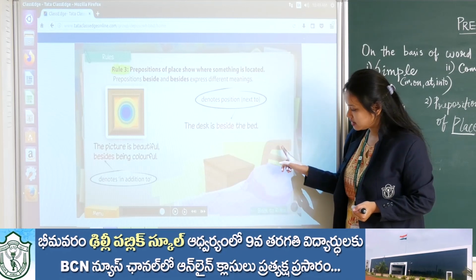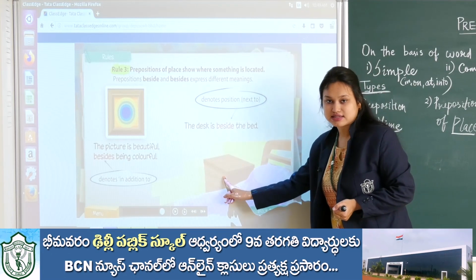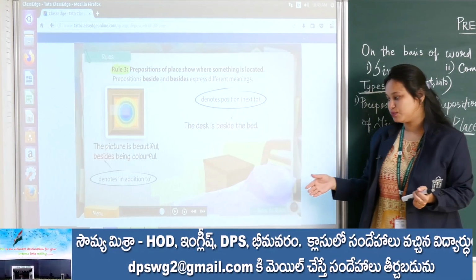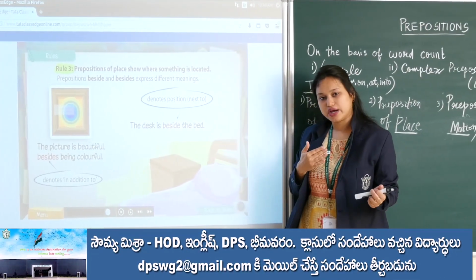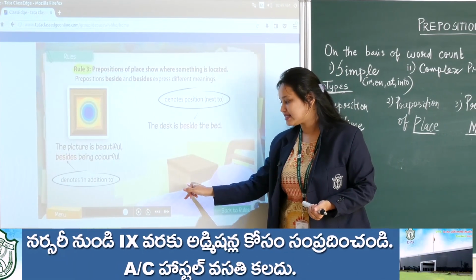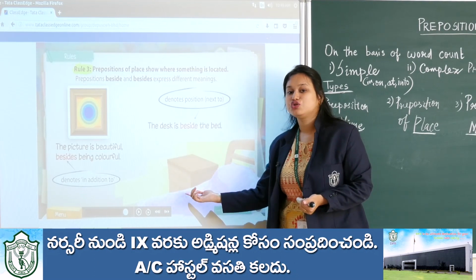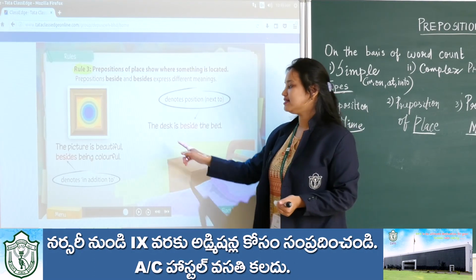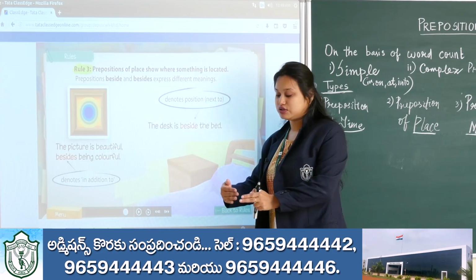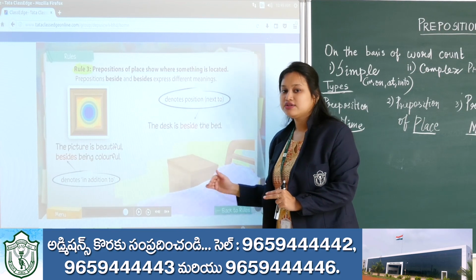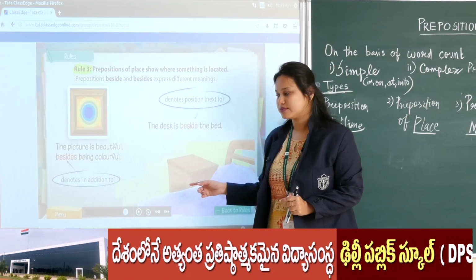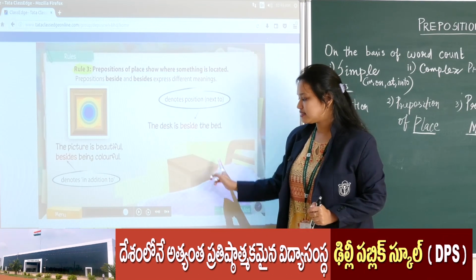Look at this picture, this is the bed, this is the desk. I can say I am standing beside the whiteboard, meaning I am standing next to the whiteboard. Likewise, the desk is next to the bed, or the desk is beside the bed, meaning it is kept at the side of the bed. So beside means next to, position, placement.